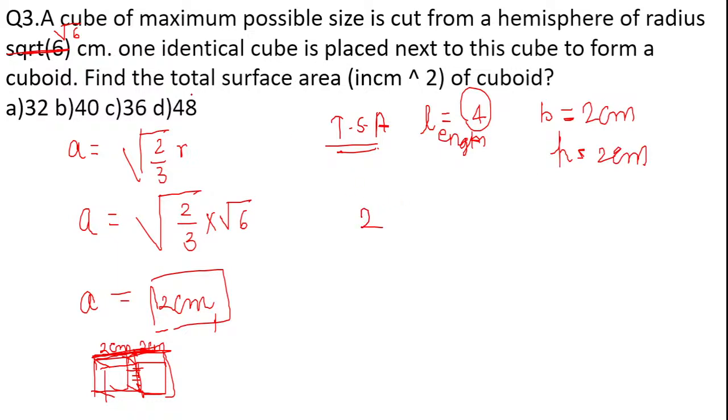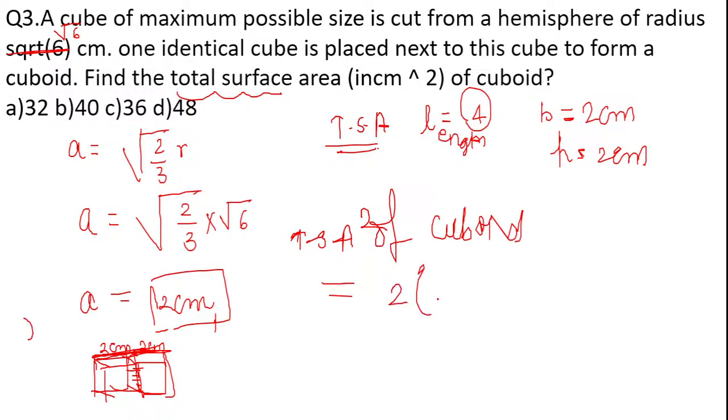So here, what is the total surface area of a cuboid? For that, note down again a formula: total surface area of cuboid is twice of LB plus BH plus LH. Okay, so twice of, what is the length?